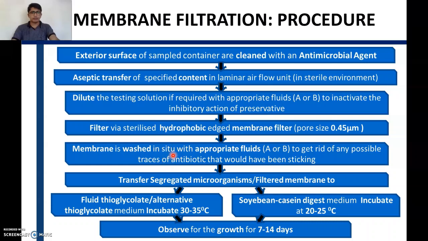After the washing, we will transfer the segregated microorganisms on the filter paper, or the two parts of the filter paper, to two separate media: fluid thioglycolate or alternative thioglycolate medium for bacteria, which we incubate at 30 to 35 degrees Celsius, and soybean casein digest medium, which is used for the growth of fungi, and we incubate at 20 to 25 degrees Celsius. Then we will observe for growth during and after 14 days. So this is the procedure for the membrane filtration method.